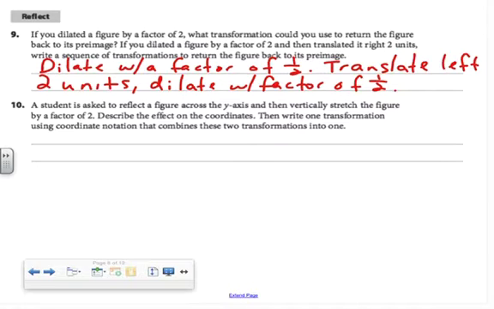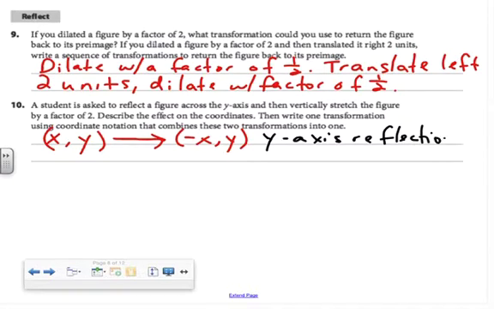Student is asked to reflect a figure across the y-axis and then vertically stretch the figure by a factor of 2. Describe the effect on the coordinates. Okay, well, we know that the rule for a reflection over the y-axis is this. And if I'm trying to vertically stretch the figure by a factor of 2, that rule would look like this.